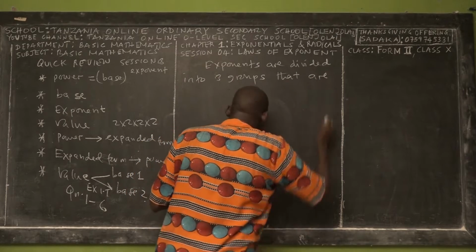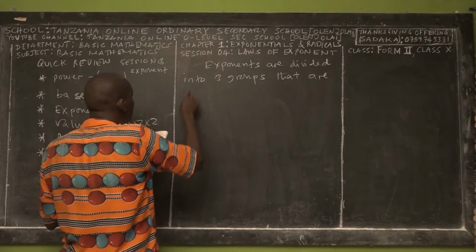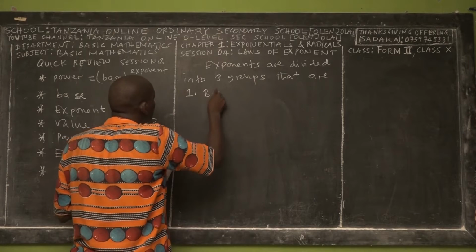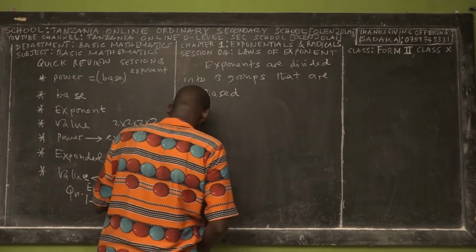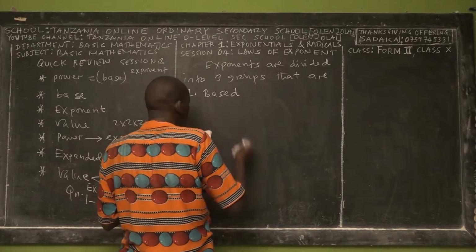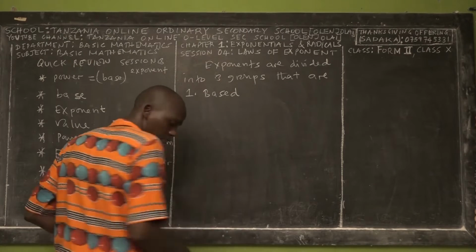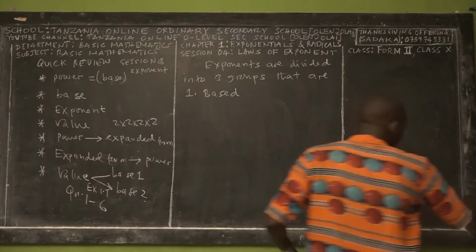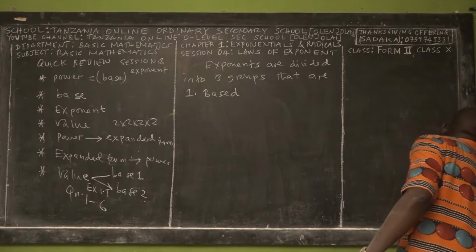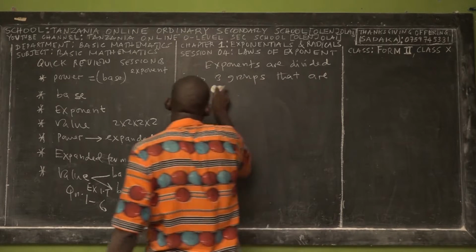So we can divide exponents into three groups. So let me write, we have three main categories of exponents.